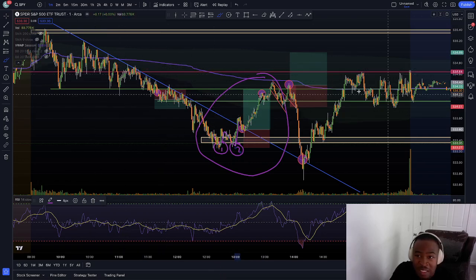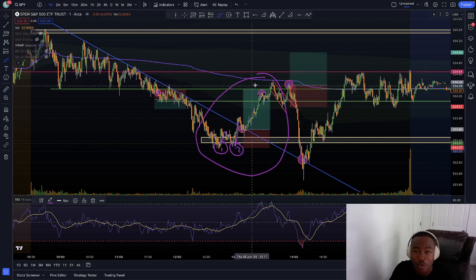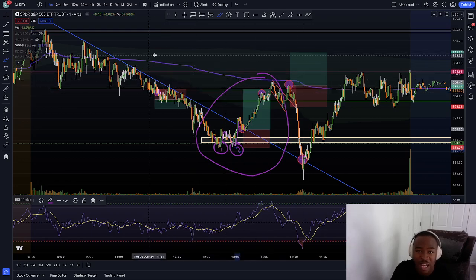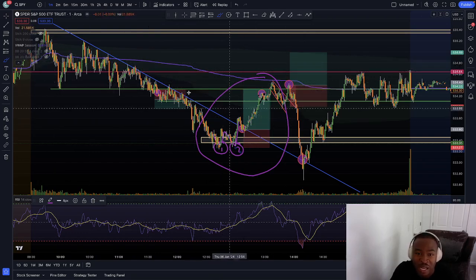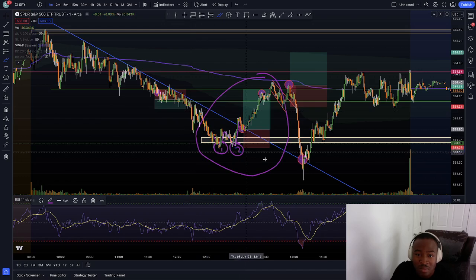VWAP technically acts as an indicator of trend, the volume weighted average price, right? So VWAP was trending down, so that's an indicator telling us that price is trending down.